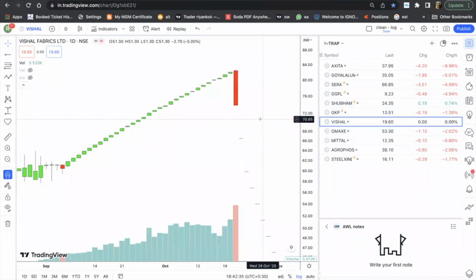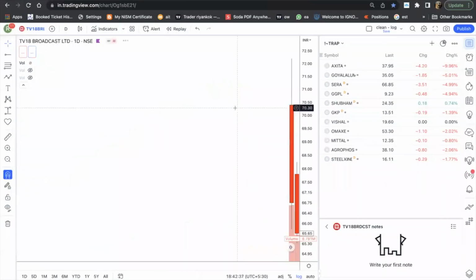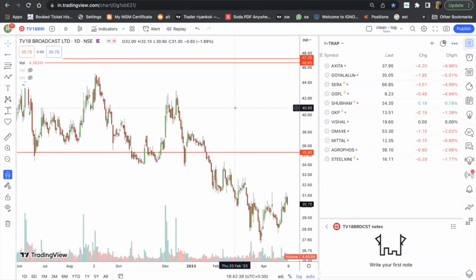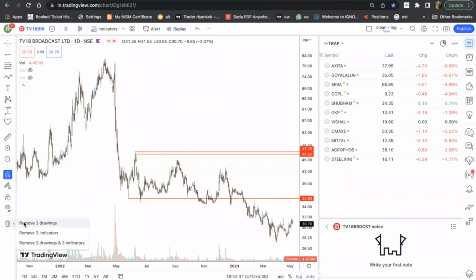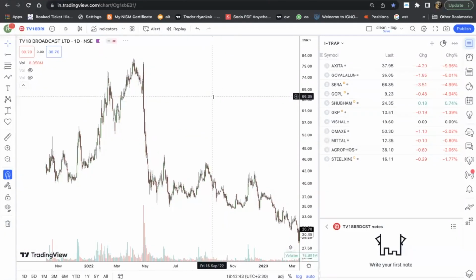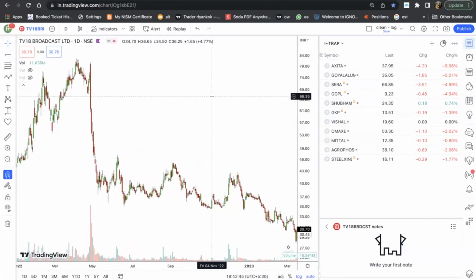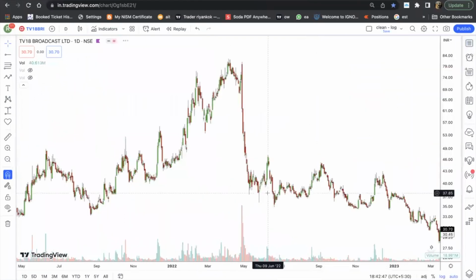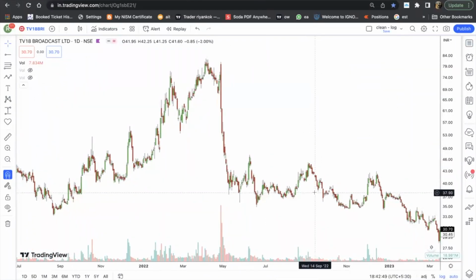TV18 फ्रॉम द लेवल ऑफ 80 वो गिरा है, लगभग 30 के बिलो तक आ गया था. और वो सडन एक स्पाइक आया था उसका लोअर में. तो उसको क्या पंप एंड डंप में काउंट कर सकते हैं क्या?